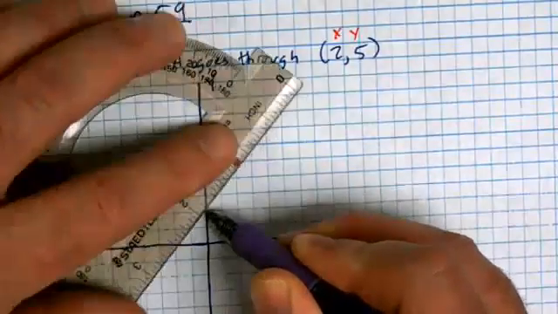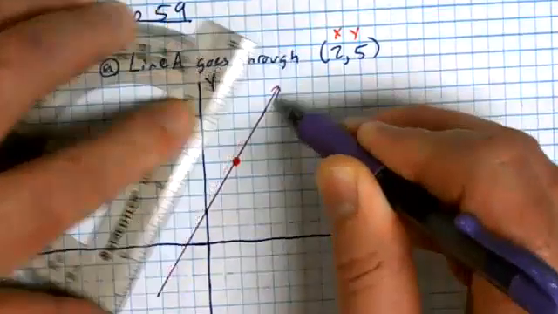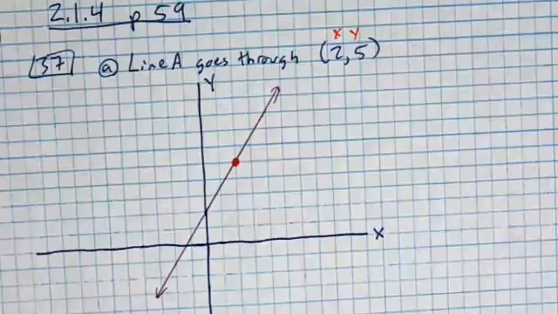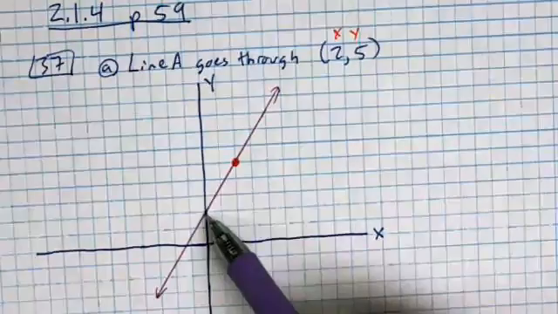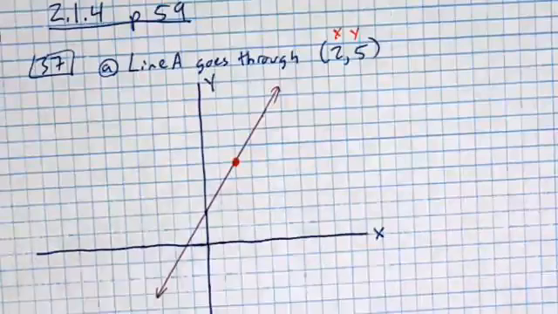And I'm going to draw a line through that point. Can you guys do the same thing? Can you make me a line? I chose to have a y-intercept of +2. So make a line that's going to go through that point. It's also going to go through +2 on the y-axis.